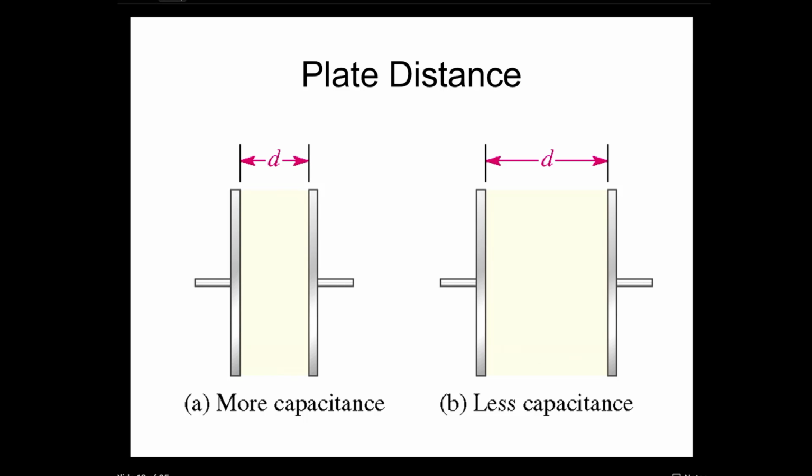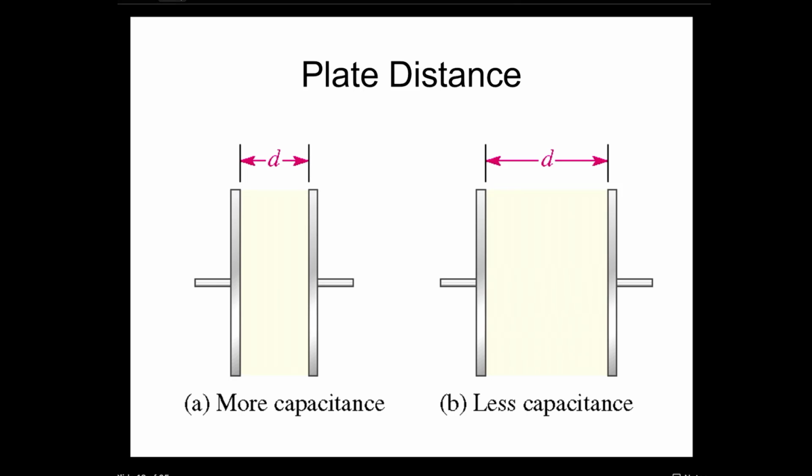If we look at how their relationship is affected by distance, you can see that here. The closer these plates are together, the higher capacitance value can be developed by that electrostatic field. But of course, the closer they are, then the easier it is to break down the dielectric and get a shorted capacitor.